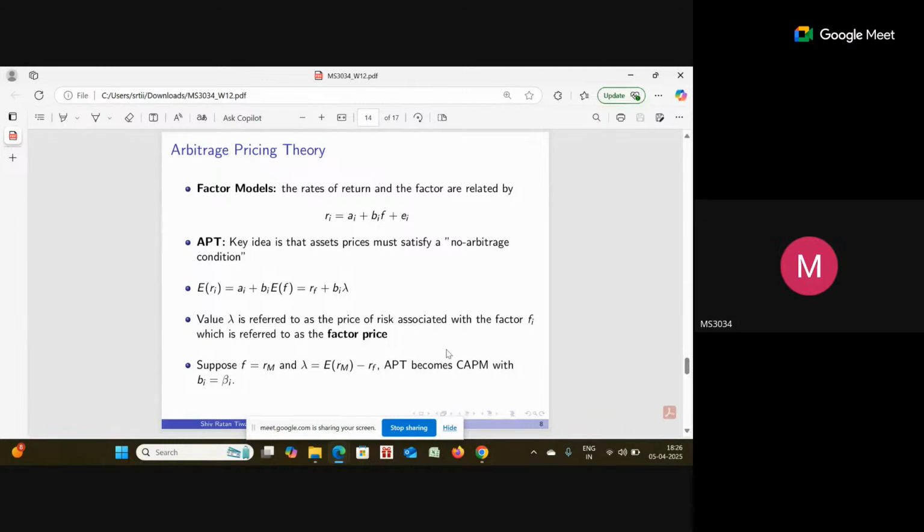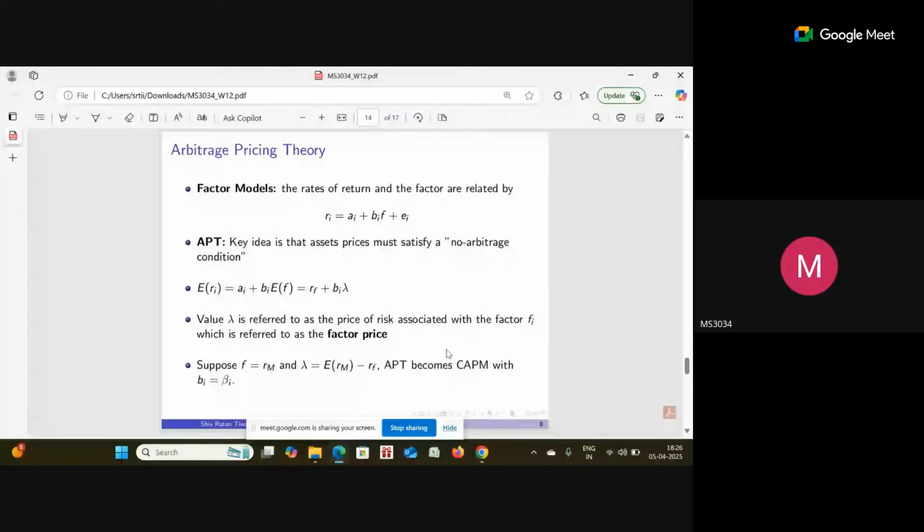Other factors can be based on your understanding of what the economic indicator or economic variable is.